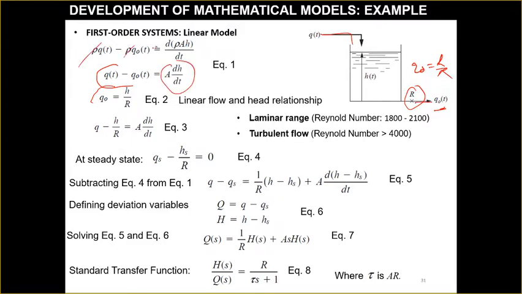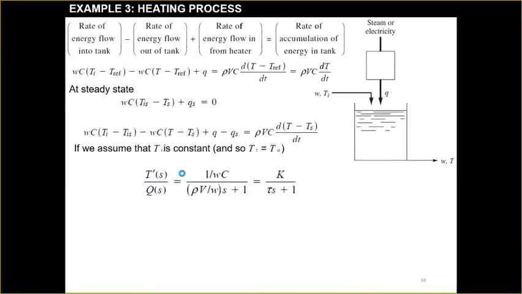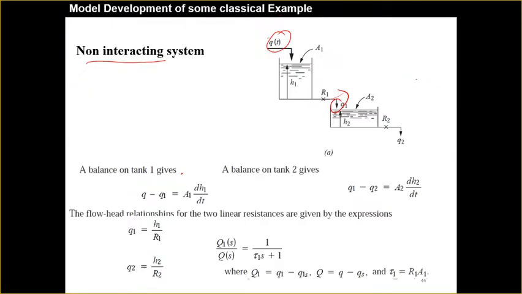Density will cancel out. So based on this, I have written Q minus Q1 is equal to A1 dH1 by dt for tank 1. And what do we write for tank 2? Q1 minus Q2 is equal to A2 dH2 by dt. This is for the second tank.